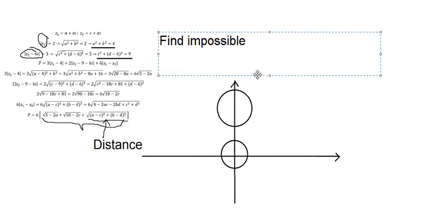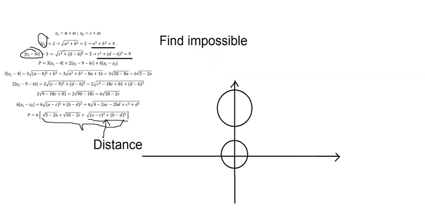This means the number is the smallest, but it's impossible to reach this number. For example, we have 5 minus 2a. The smallest this number is when a is equal to 2. Why?